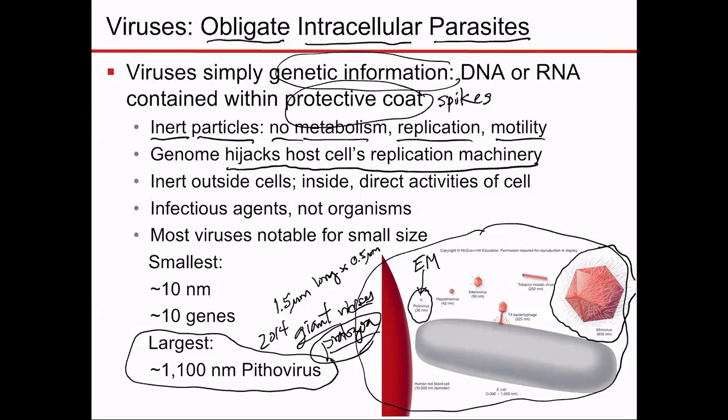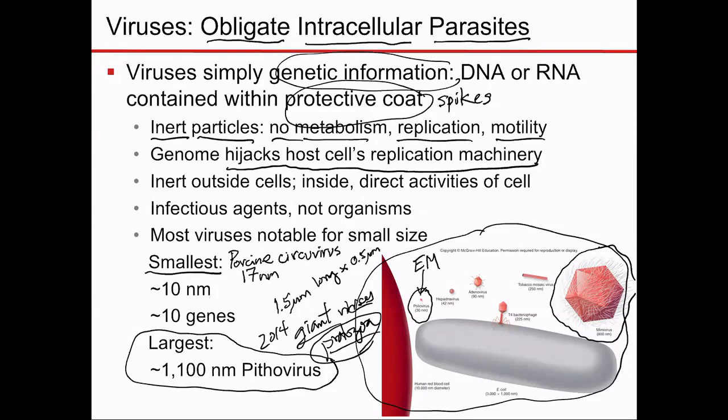And then on the other end, we have viruses that can be very small, like, for example, the case of porcine circovirus. This is a virus whose structure has a diameter of only 17 nanometers.